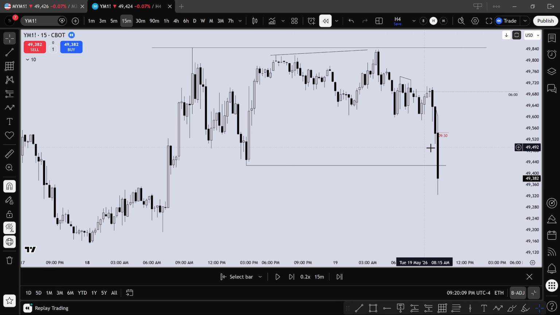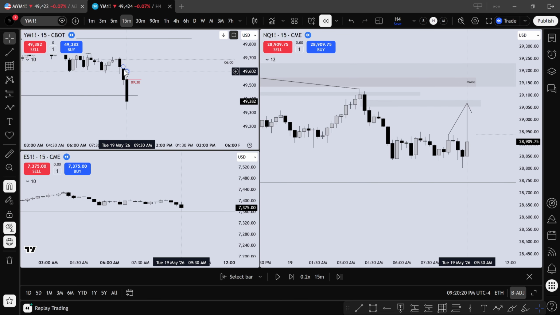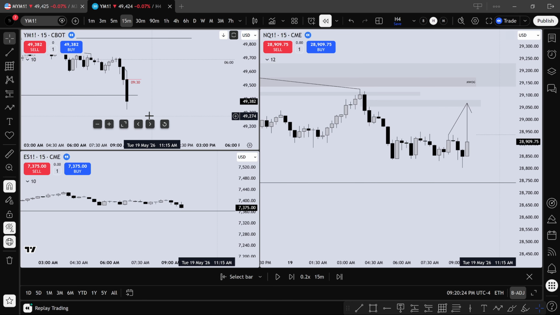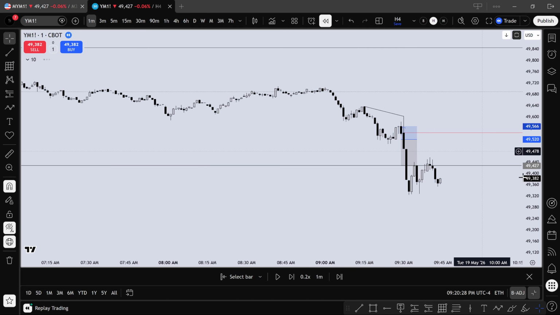So how did I take this trade? We have this huge move to the upside, and then we have a drop down, we have a gap. Now the YM fails to tap into the gap, but you can see here we have this SMT. Once we get this SMT, I drop down to the 1 minute time frame.